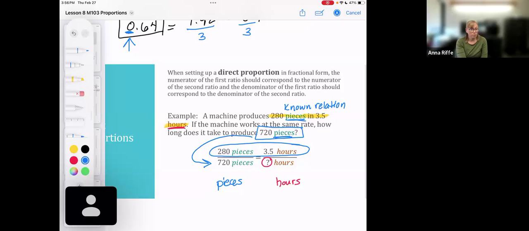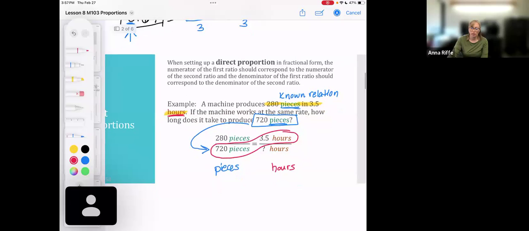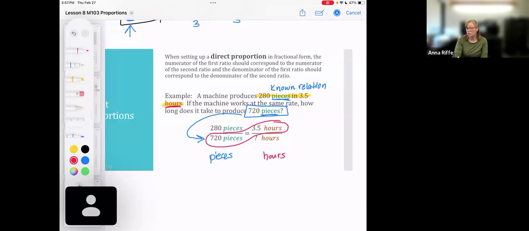Once we have the setup, we can solve the proportion using the same methods we were just using. I'm going to find the diagonal that has all numbers, so it doesn't have a variable.